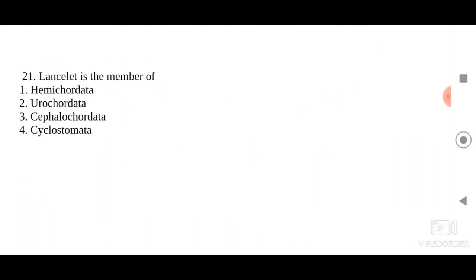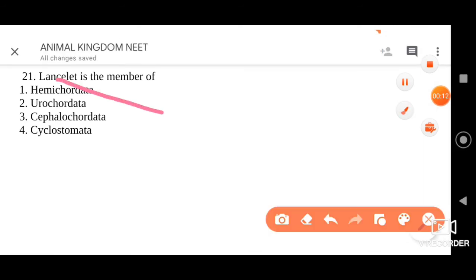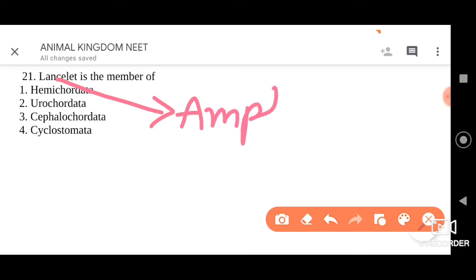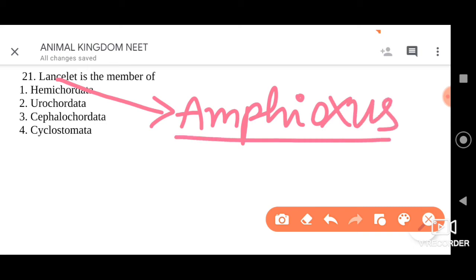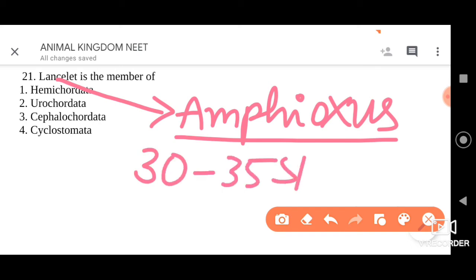Moving on to the next question, we have: lancelet is the member of. See, dear student, first of all, let me tell you that lancelet is also referred to as Amphioxus. We can find 30 to 35 species of Amphioxus or lancelets.